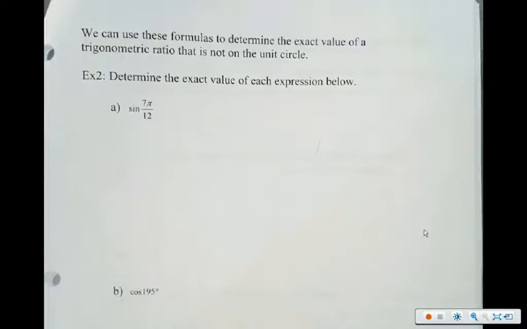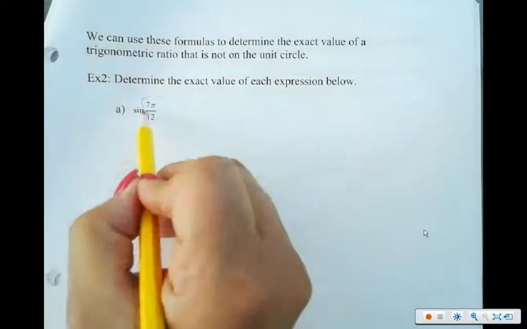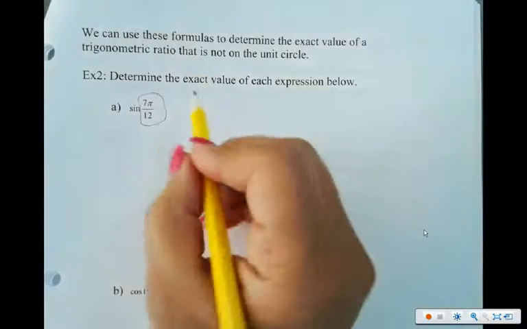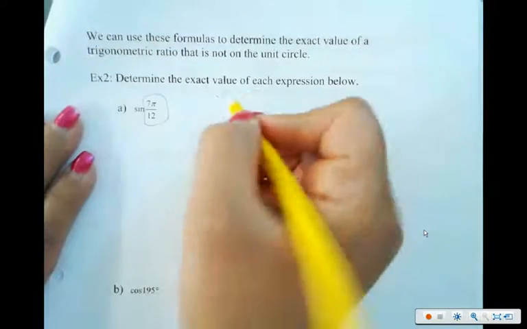So what we need to do is take this and somehow break it up so that it is a combination of those special angles. So we have to do a little bit of investigative work or break it up somehow into something that can be reduced.